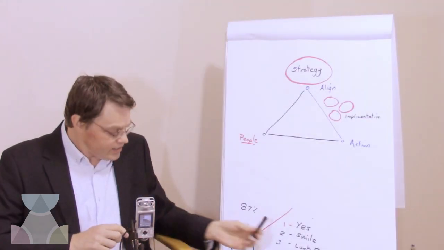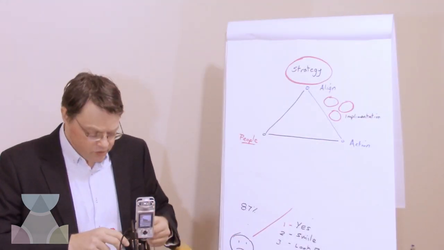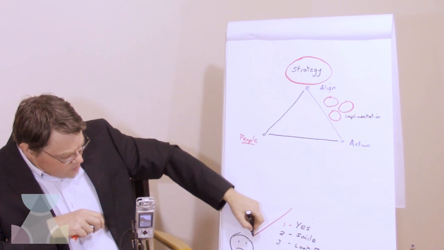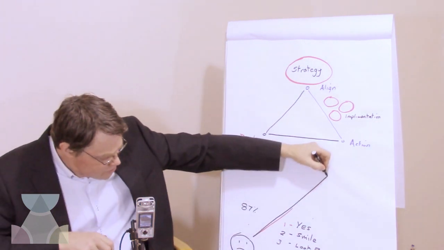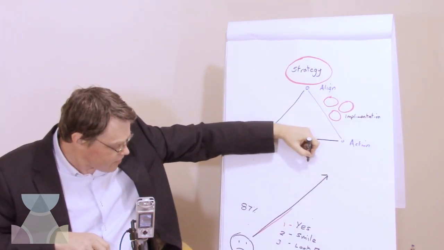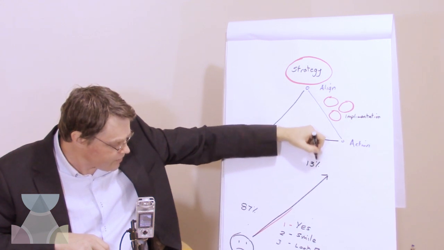Now, look, this is a little bit of a joke, but you wouldn't find it funny if there wasn't some truth to this joke, because most people operate from this low performance mindset, and it's really encapsulated by these 3 rules. And so let's have a little conversation and ask about the other 13% of leaders.